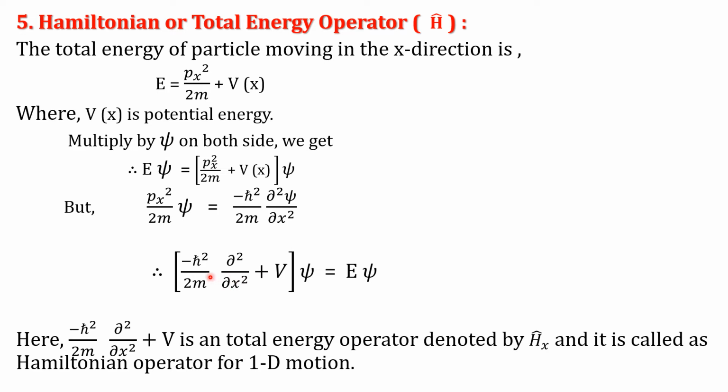In that equation, minus h cross square by 2m del square by del x square plus V is an operator which operates on the function psi, which reproduces the same function multiplied by the eigenvalue of the operator, that is E. That is, minus h cross square by 2m del square by del x square plus V is a total energy operator that is denoted by H hat, and it is called the Hamiltonian operator for one dimension.